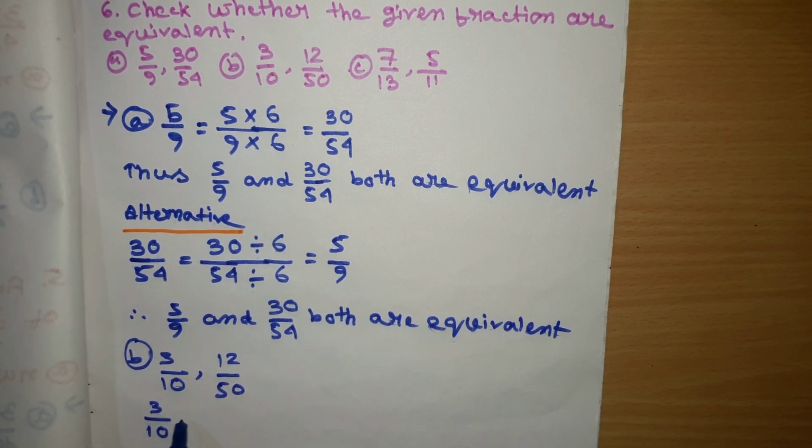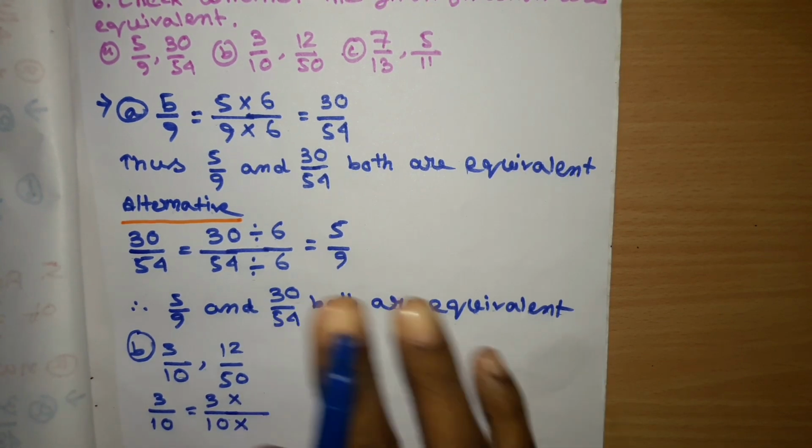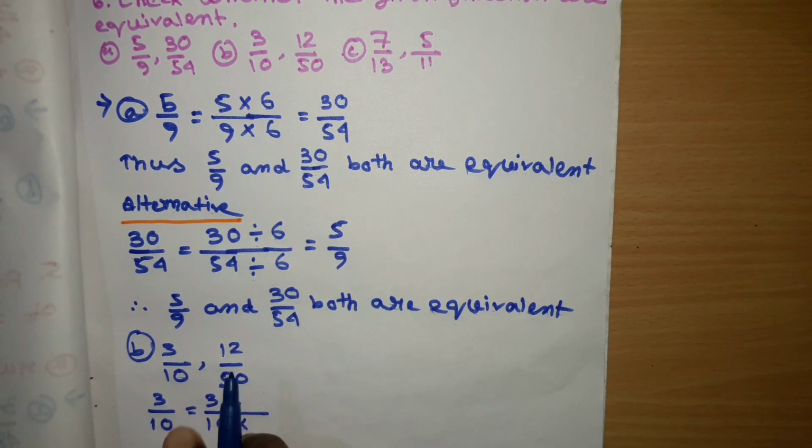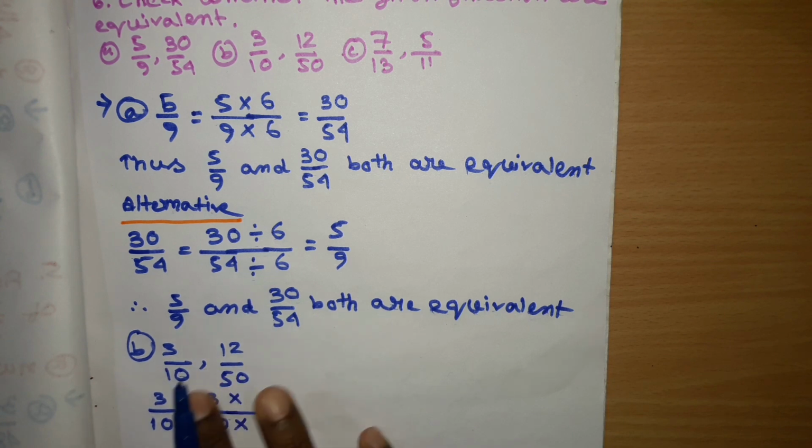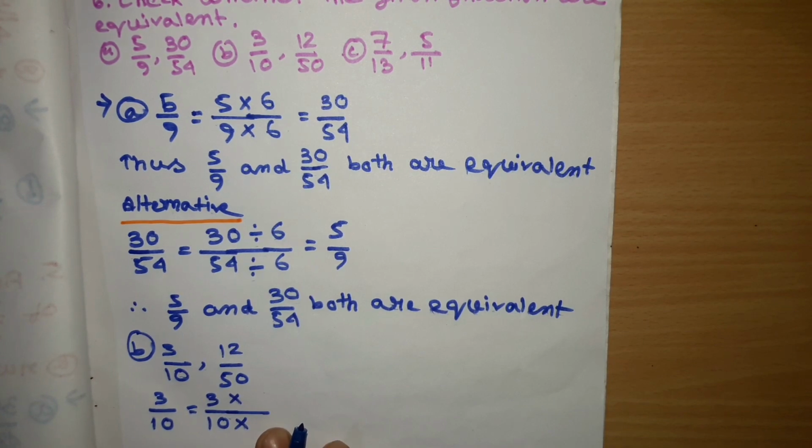Now, just see, you need to make the numerator or denominator equal to that of the other fraction. After making one equal, if both become the same, then your fractions will be equivalent.